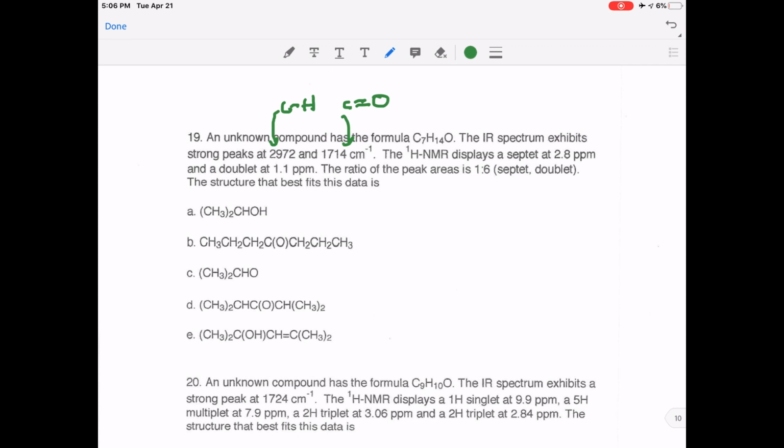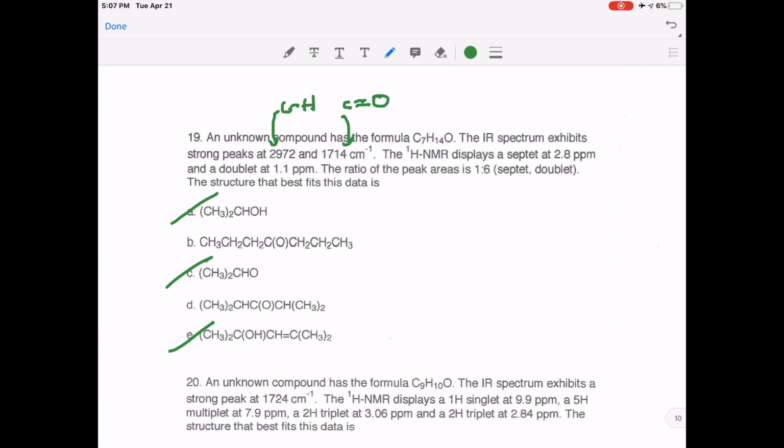And we know that the hydroxyl group has a very broad peak past the 3000s, somewhere around the 3,500 to 3,300 region, and they're not strong, narrow peaks either. So that means that we can easily cancel out options A, C, and E. That leaves us with choices B and D.